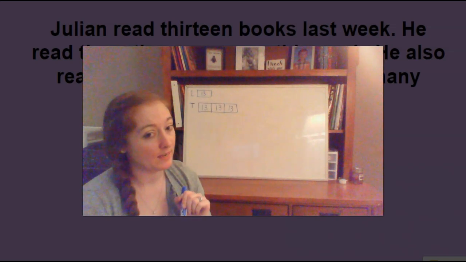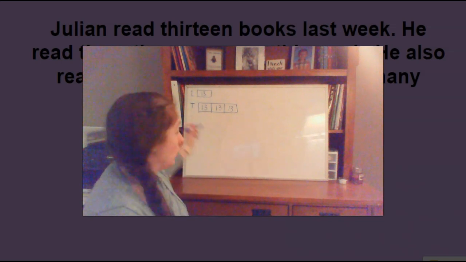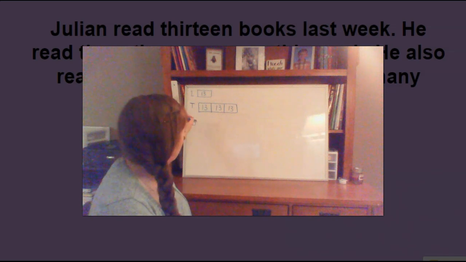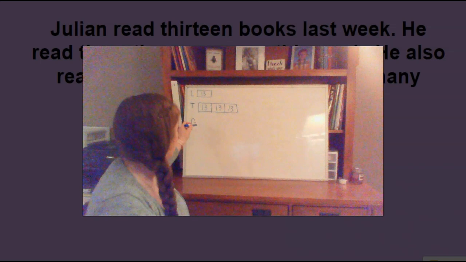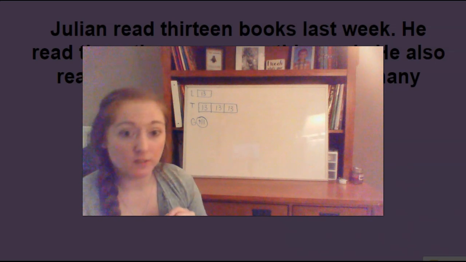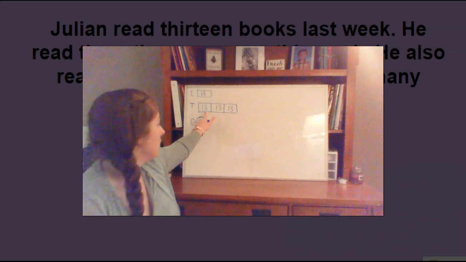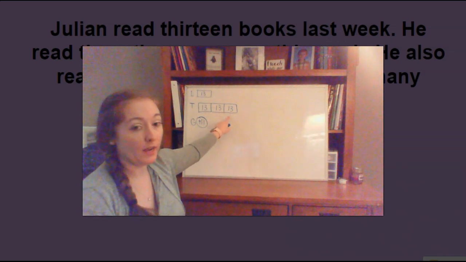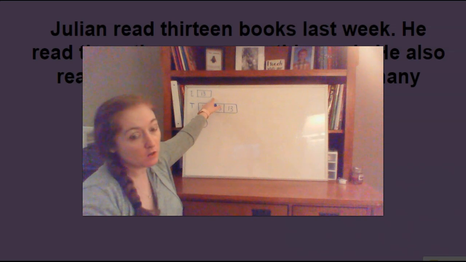However, I'm not quite done yet. I still have to represent the graphic novels. So it told us that he also read 11 graphic novels. So I'm just going to put a plus 11 because that's going to be our last step. Now, there's 2 ways that we can solve this. We can choose to do this week's and do 13 times 3 and then add on this 13, but that seems a little silly because they're all the same number.